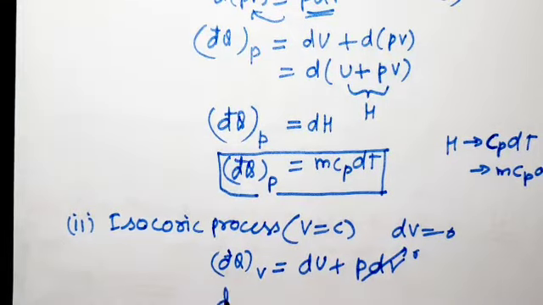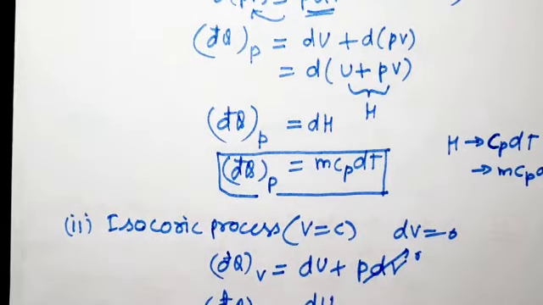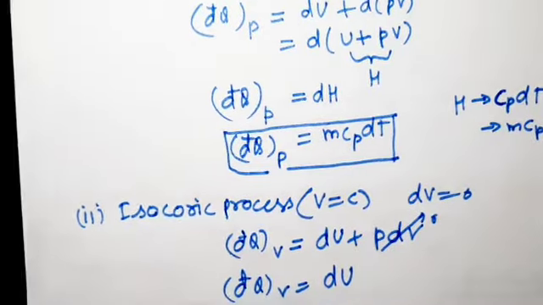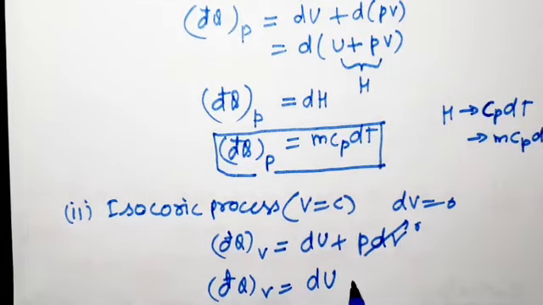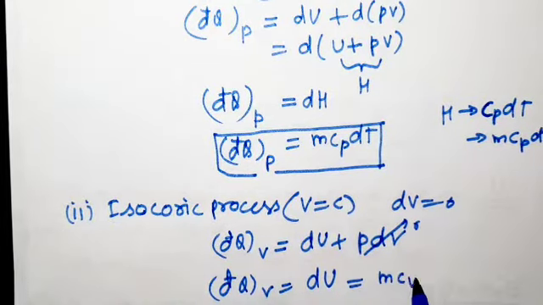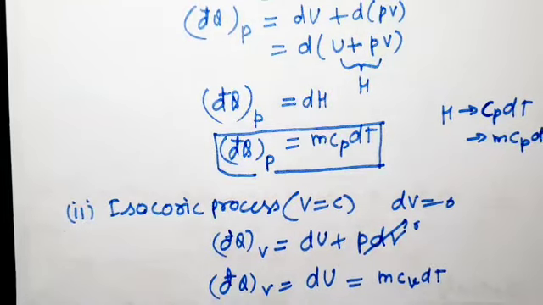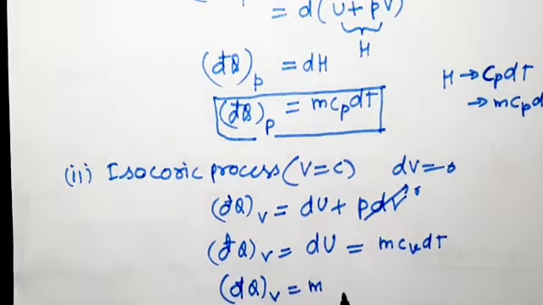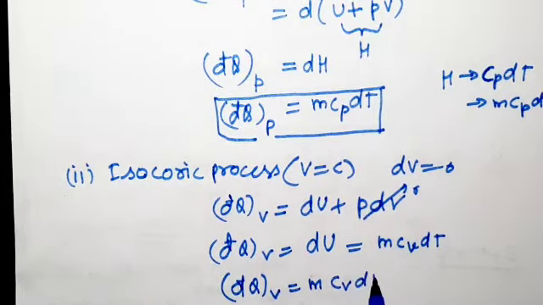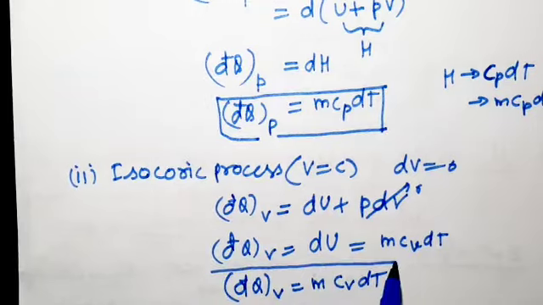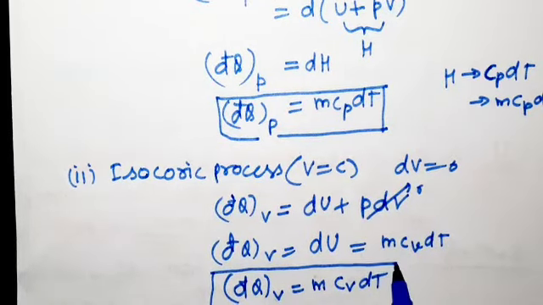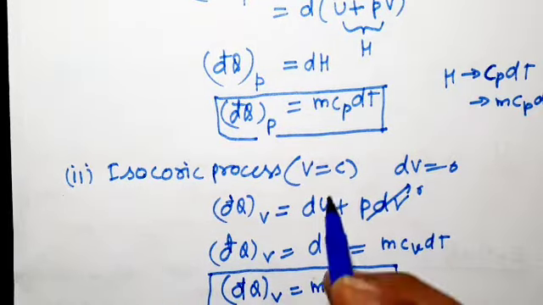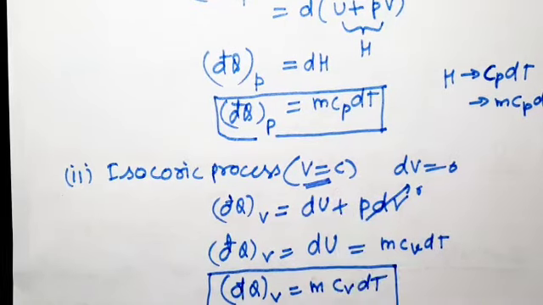Then del Q suffix V is equal to dU, and this dU is equal to m Cv dT. So finally del Q suffix V is equal to m Cv dT. This is the heat transfer for a constant volume process.